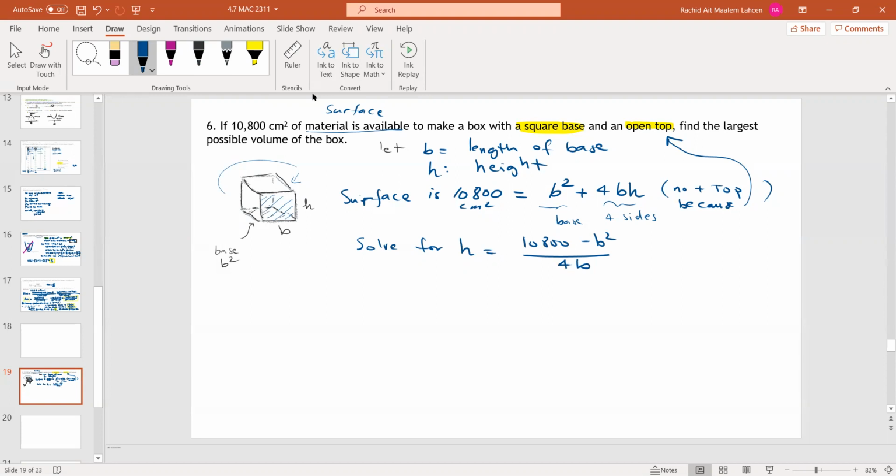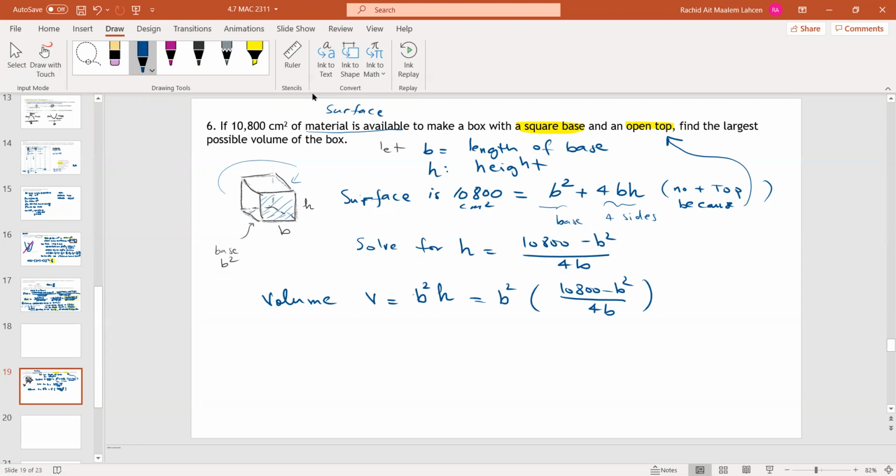And the volume formula, just like we did for the other example for the area, here is going to be the base times the height. Base is B squared and the height is H, so it's going to be B squared times this thing here. There is always a substitution process that happens.